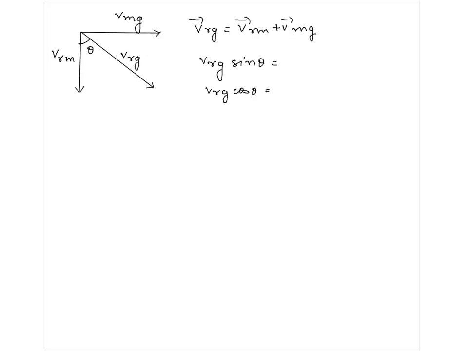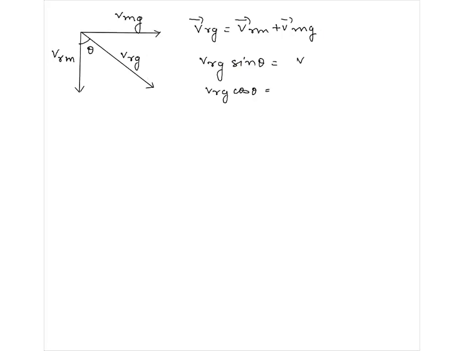Now, right side you have sum of 2, and this vector, this component is this. This whole thing is one vector whose this component is this, VMG. And that is sine theta component of VRG.